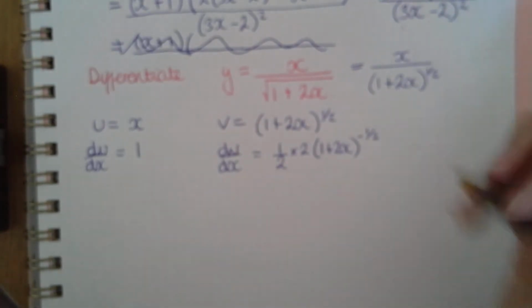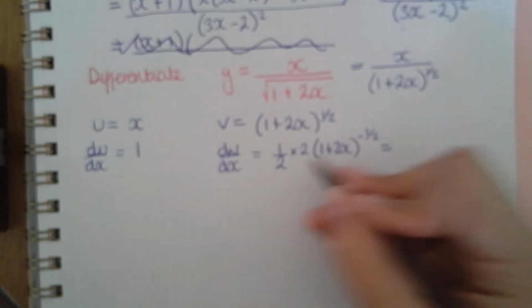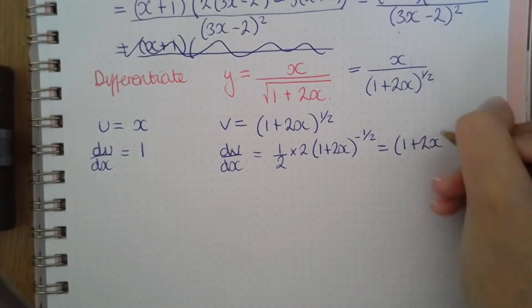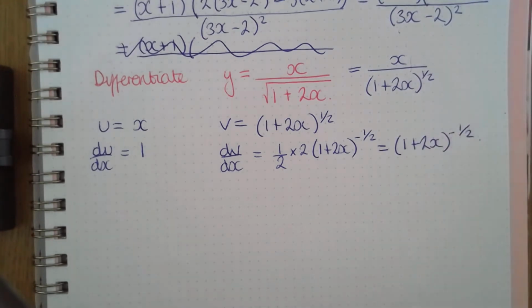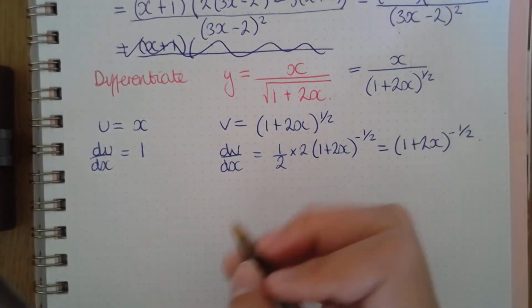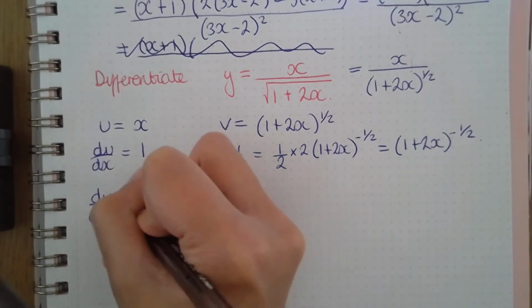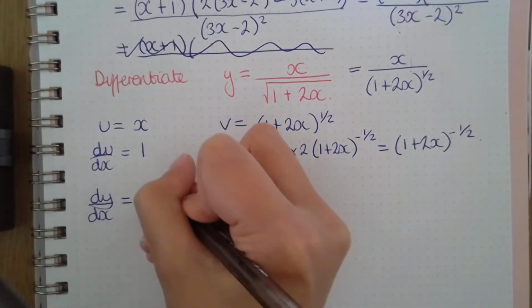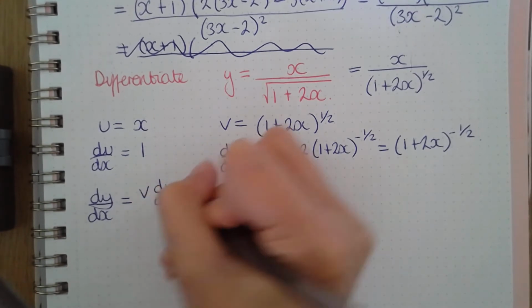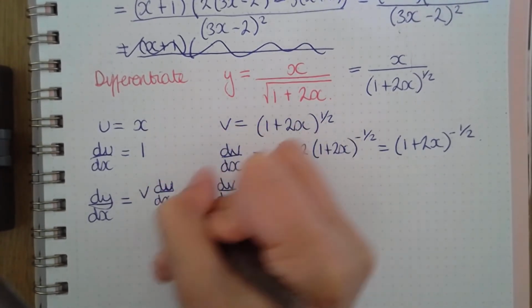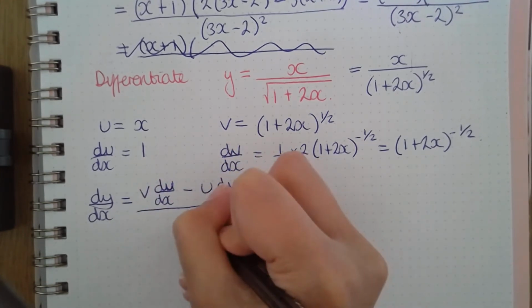So I can't leave it like that, so I'm going to simplify it. So a half times 2 is just 1, so brackets 1 plus 2x, all to the power of negative a half. I'm going to write out my formula for the quotient rule. So dy dx is equal to v du dx, take u dv dx, all over v squared.